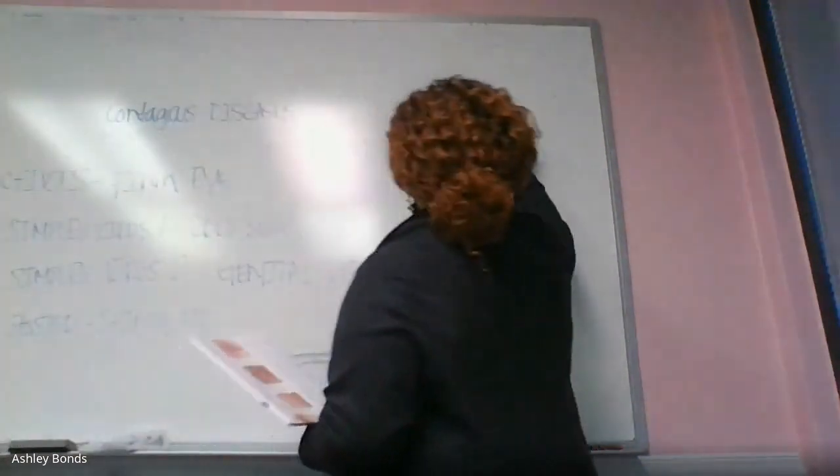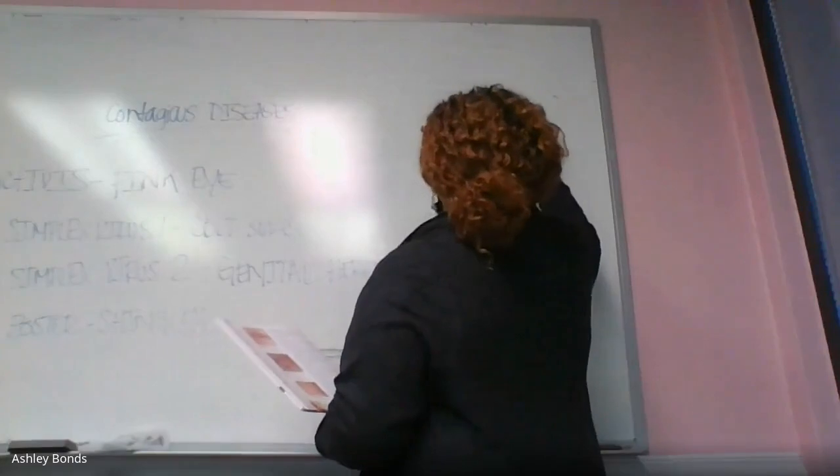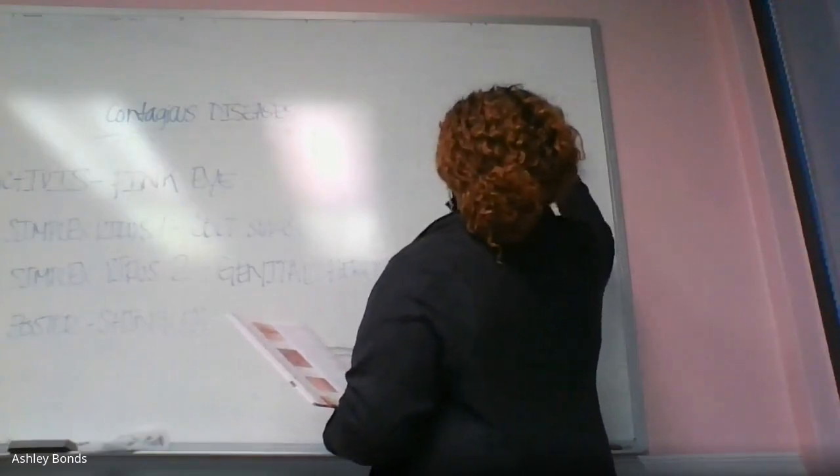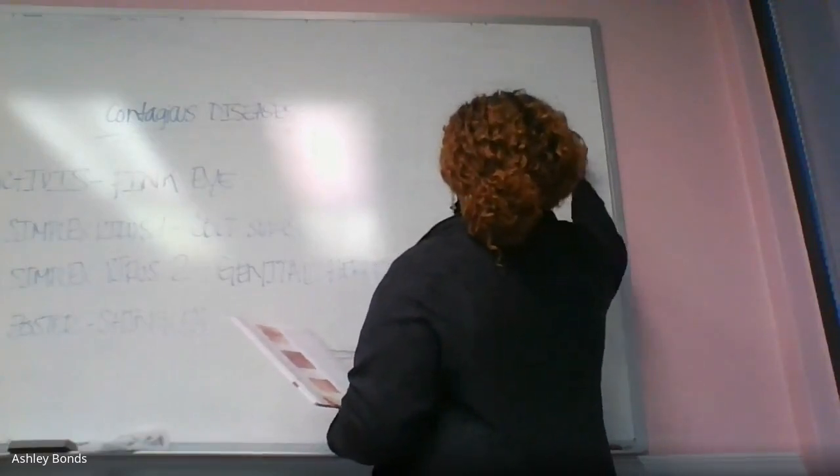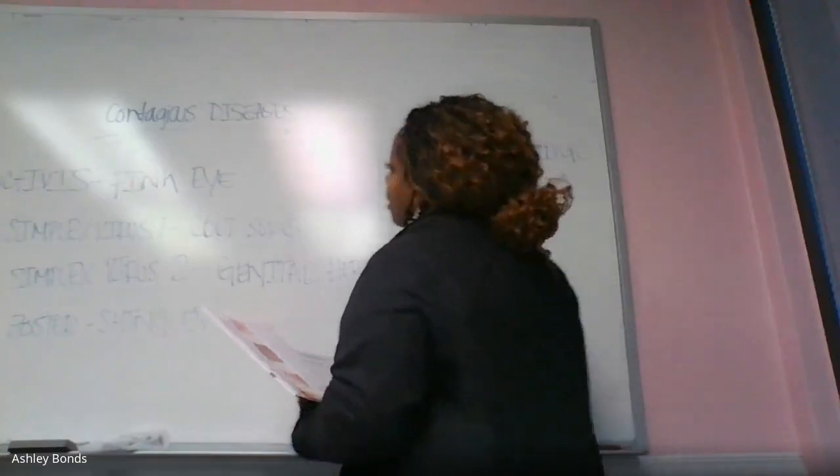VZV can cause nerve and organ damage and severe pain that can last for months to years, treated with antiviral drugs. So is chickenpox technically a form of herpes? Because it's what you get after you have chickenpox.